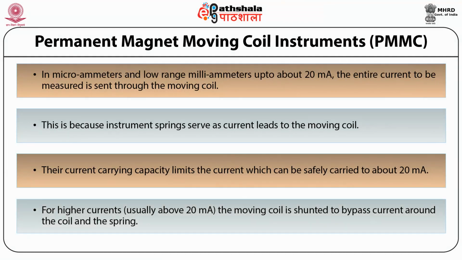For higher currents, usually above 20 milliamperes, the moving coil is shunted to bypass current around the coil and the spring.